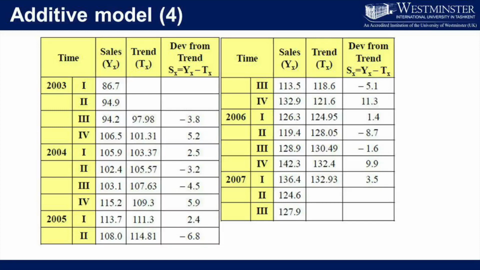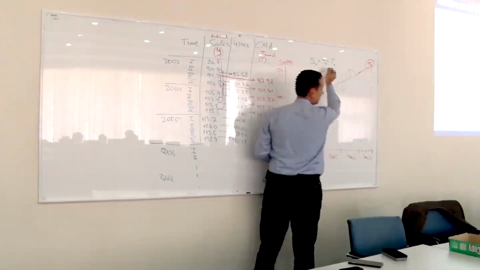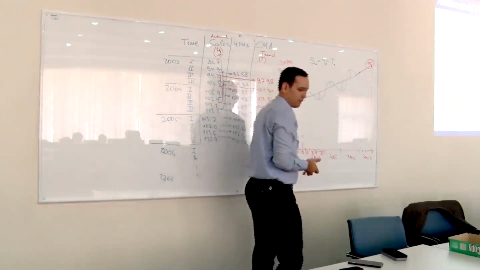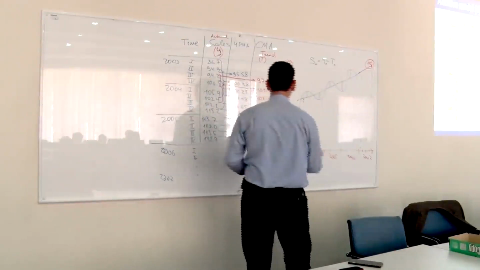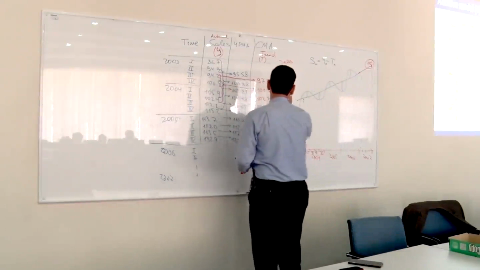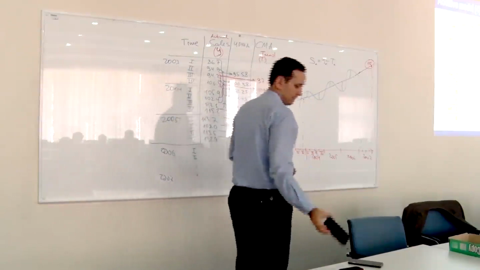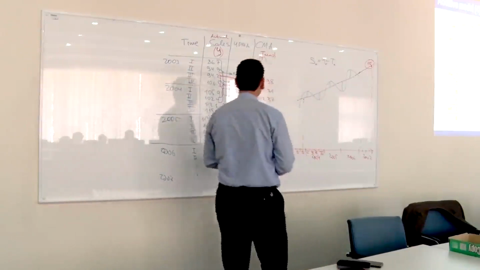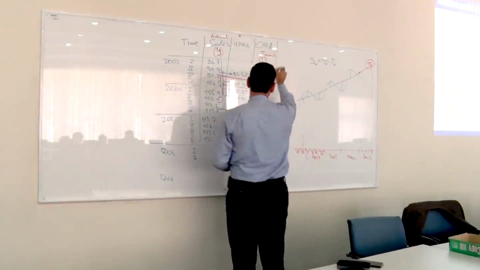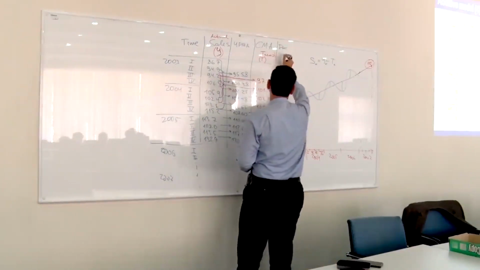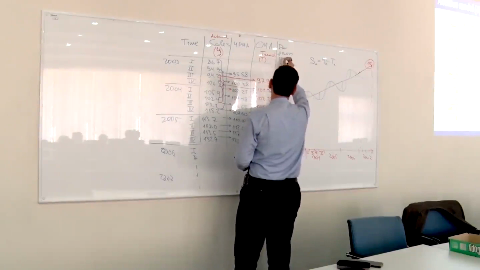What we're doing is finding these distances, and we do it for each and every observation we have. Let me erase this part. Your next column would be deviations from trends.